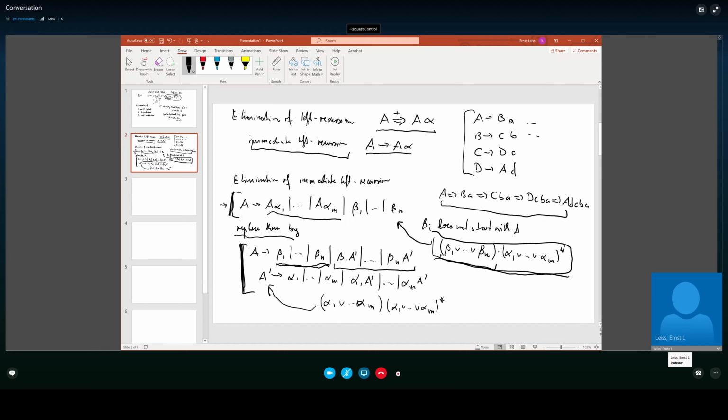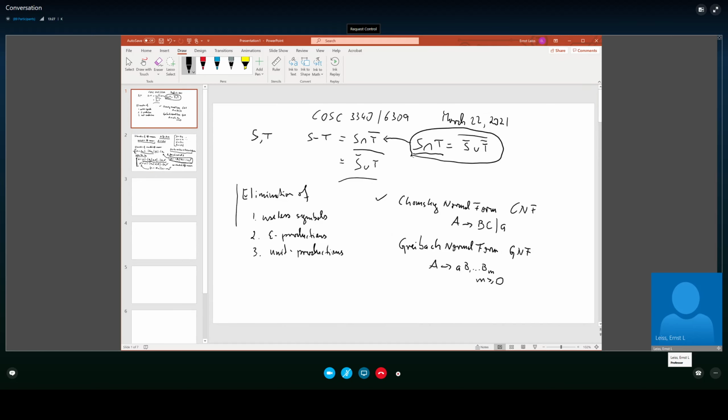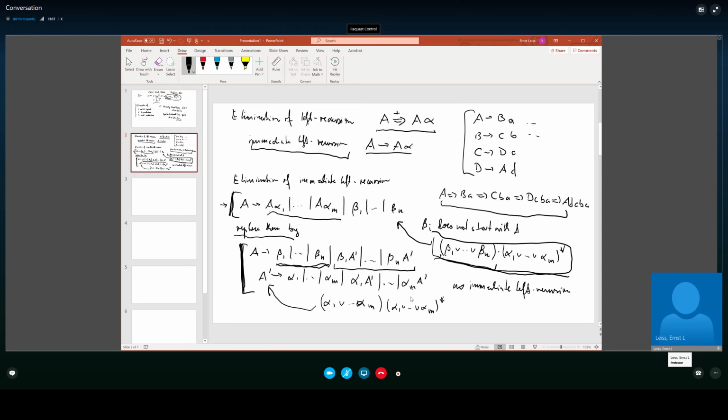And because we assume that we apply this construction only after we've eliminated all useless symbols, all epsilon productions, and all unit productions, it follows that none of these alphas are epsilon, and that means that the alphas are actually something, not epsilon, and therefore the alphas by definition won't contain any A prime, because the A prime was just introduced as a new variable, and therefore neither the A productions nor the A prime productions have immediate left recursion.